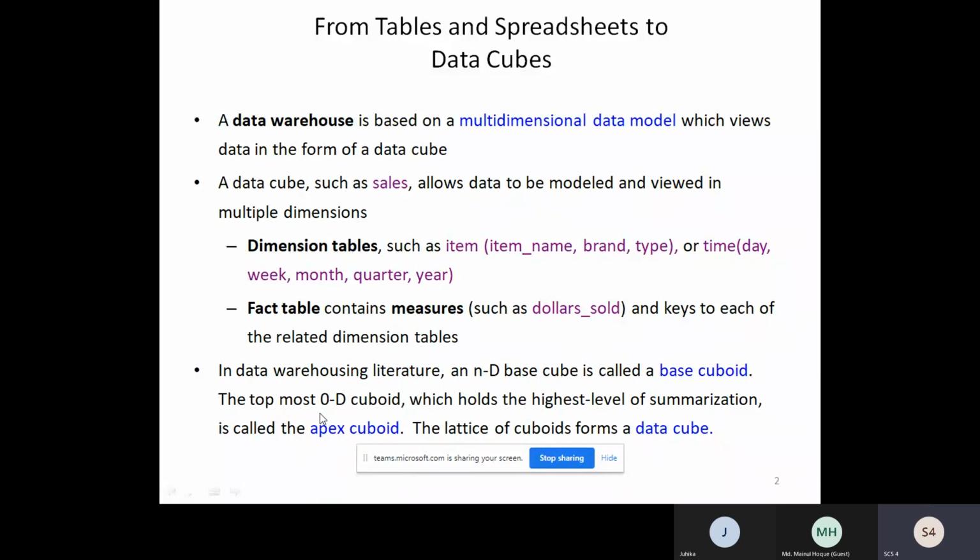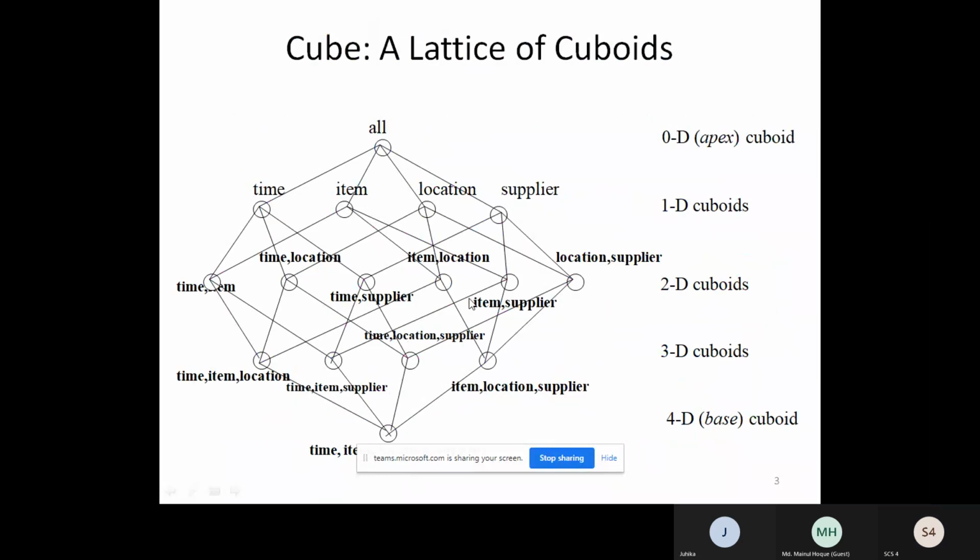This is the zero-dimensional cuboid, the topmost one. Now look at this diagram, and it will be more clear to you. Zero-dimensional, that is the apex. Then one-dimensional, two-dimensional, three-dimensional, four-dimensional.